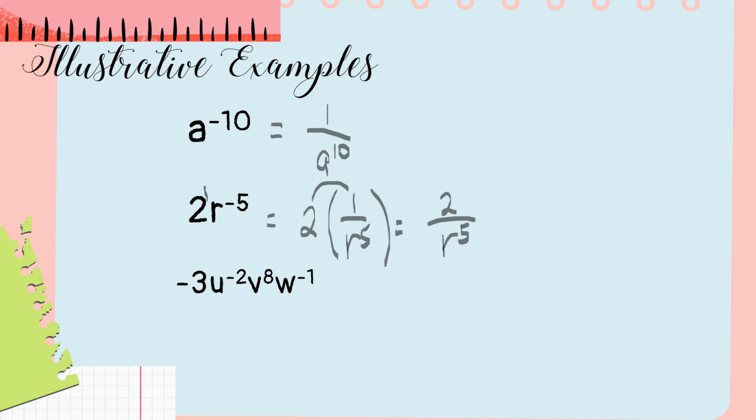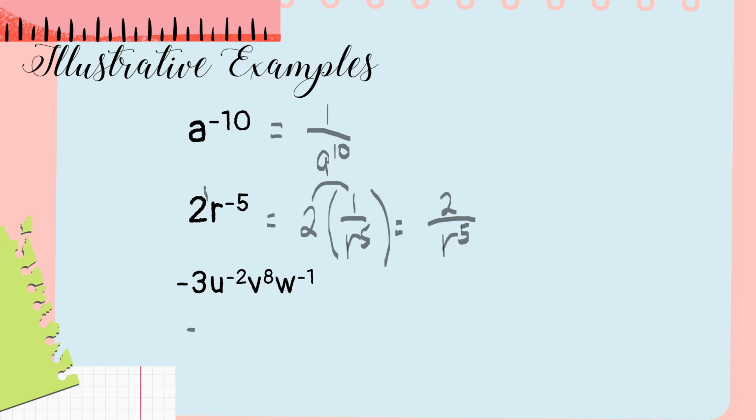Next, negative 3 u raised to negative 2, v raised to 8, and w raised to negative 1. Which bases have negative exponents? Alright, so the answers are u and w. So, yun lang ang ibababa o gagawing denominator.